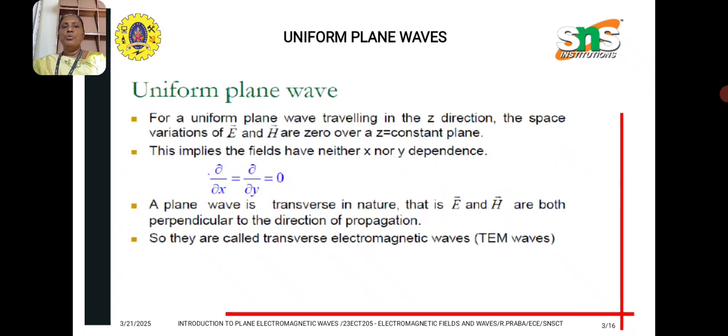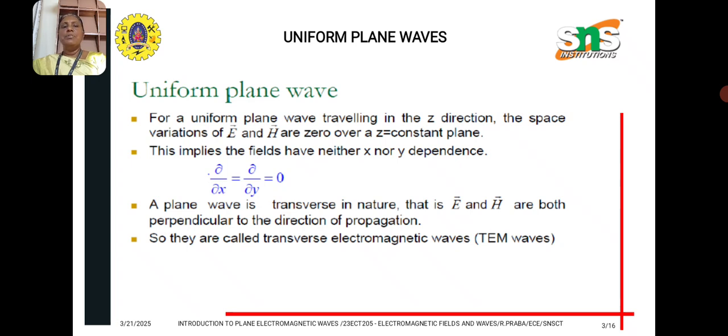For a uniform plane wave traveling in the z direction, the space variation of E and H is 0 over a z equals constant plane. This implies that the fields have neither x nor y dependence. That is, we can write ∂/∂x and ∂/∂y equal to 0.